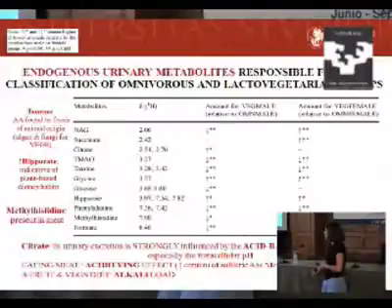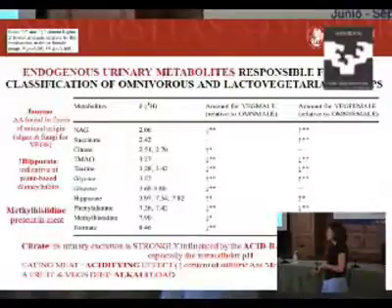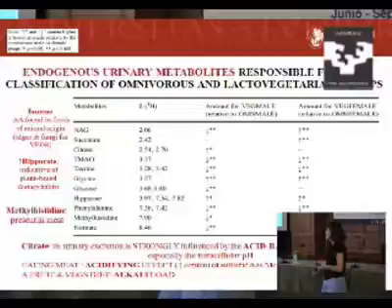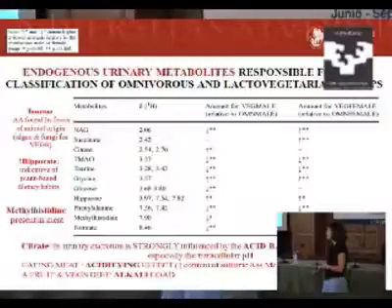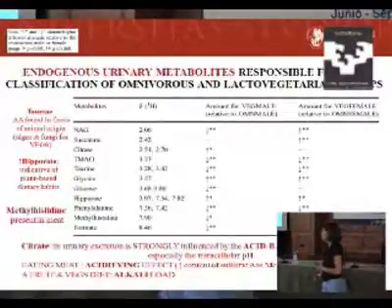And also, hippurate was increased in lacto-vegetarians, and this is due to the fact that this metabolite is indicative of plant-based dietary habits. Also, there were some other specific metabolites related to meat. And nicely, for example, citrate was increased in lacto-vegetarians. Why?